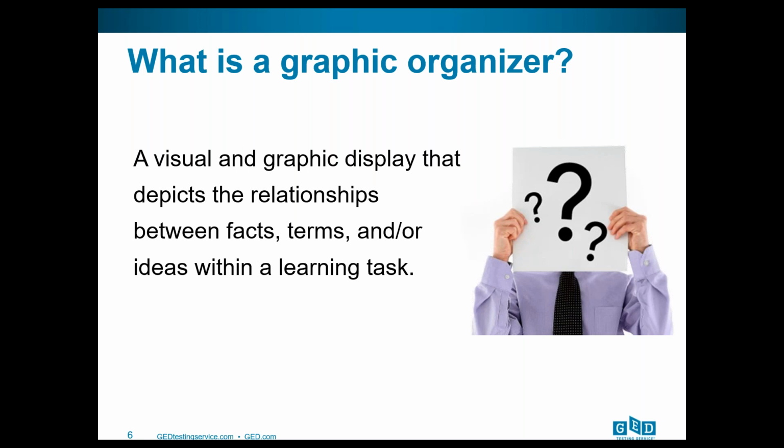And we know on the GED test, it's very important for students to see those relationships. Especially when we get into RLA and we have the extended response, relationships are a big factor. But that's also true working through a number of different tests.